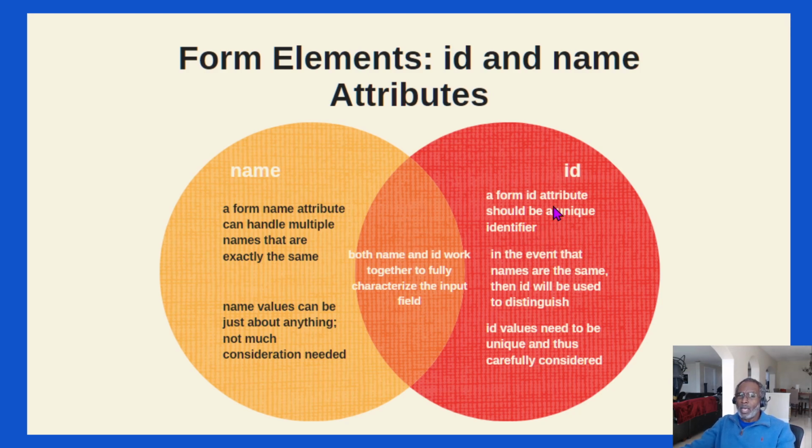ID, on the other hand, if you're saving to a database, if you're entering in unique people or groups or objects, then you need to form unique ID attribute names. And both work together to create the full identification for that user input field. So I hope this helps.